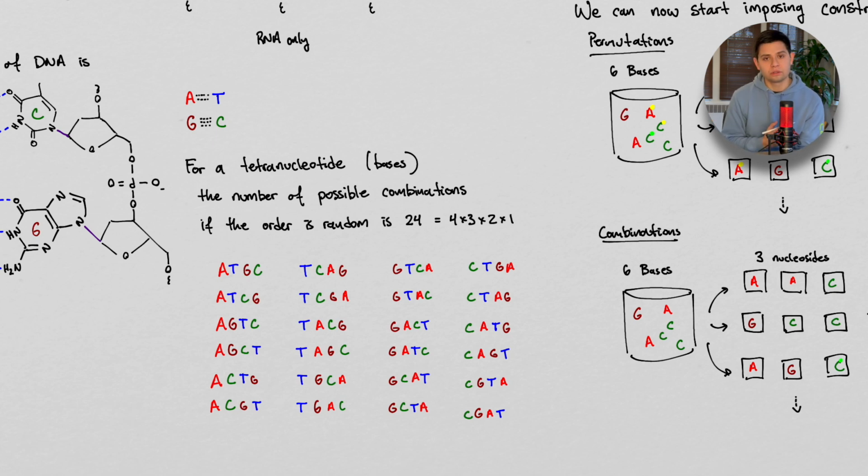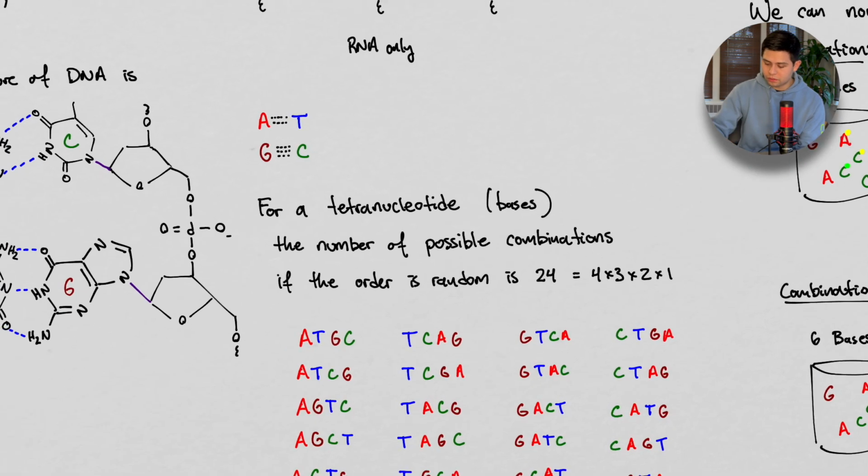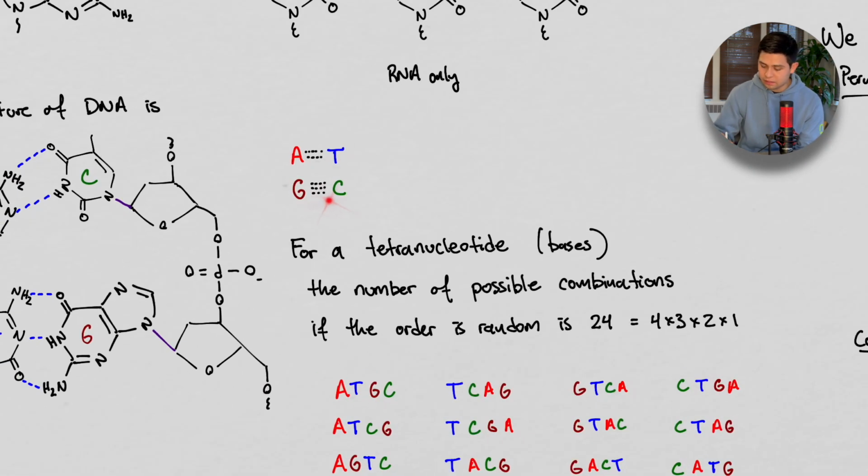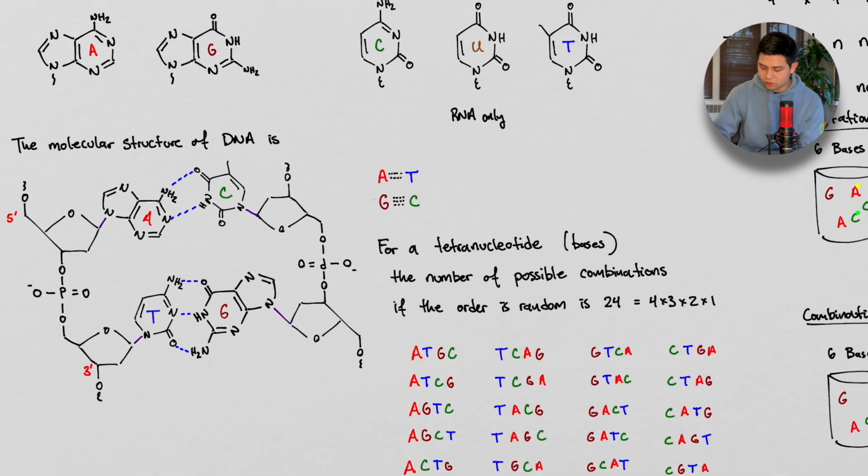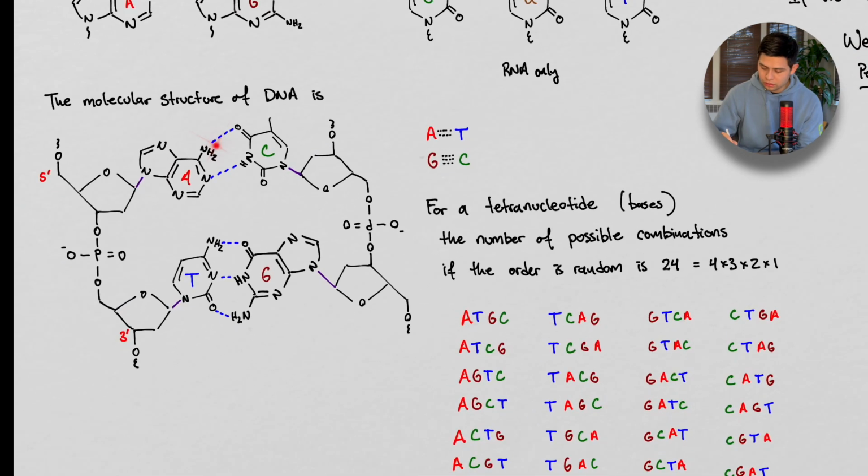Okay? We also want to keep in mind here the number of hydrogen bonds in A and T. Between A and T, we have 2. Between T and G, or not T, right?